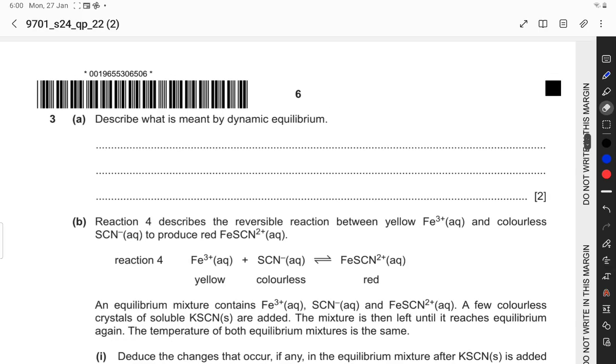Question number 3. Describe what is meant by dynamic equilibrium.